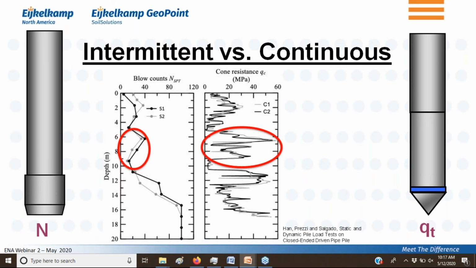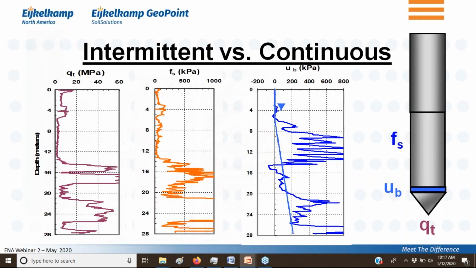Yet when you go to the CPT data, you see much more detail. You see that there are quite a few peaks in there, and it's not just one straight line going down. And that is only with the tip resistance. Consider that with CPT, you also get the sleeve friction, and you get information from the pore pressure, so you get not only a continuous profile, but also all kinds of parameters of that profile.